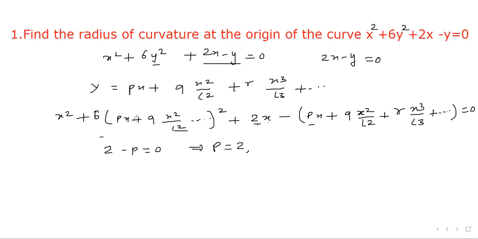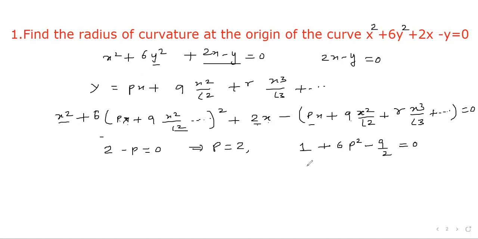Now we find the coefficient of x squared. So here it will be 1, and here the coefficient of x squared will be 6 times p squared. And from here, the coefficient of x squared will be minus q upon factorial 2.